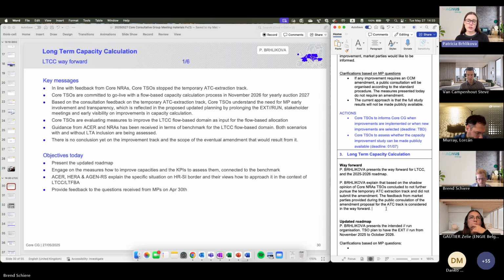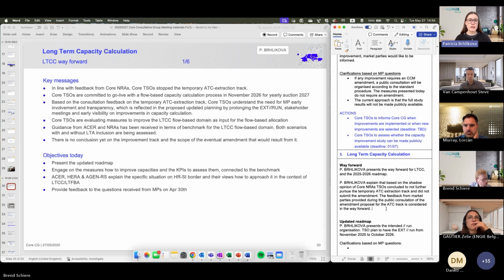This is to make sure that we are also following and reflecting on the further developments of day-ahead. There is currently no conclusion on the improvement track, or no full conclusion, but then also we are trying to agree on the scope of the potential amendment track that could result from these improvements.